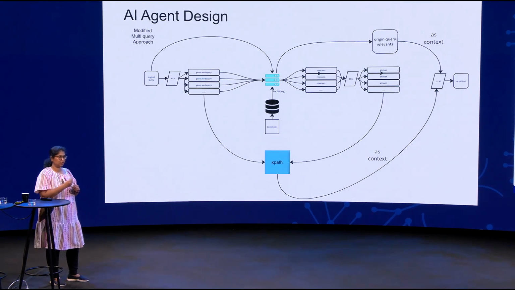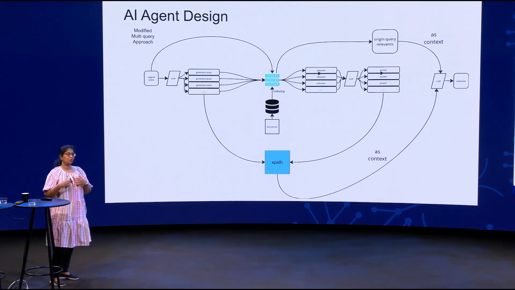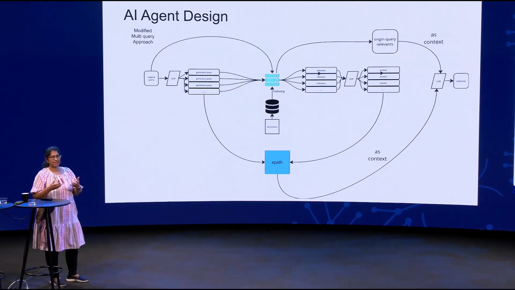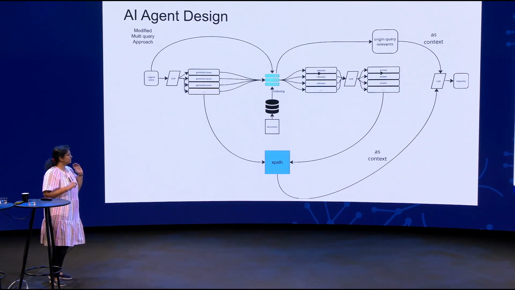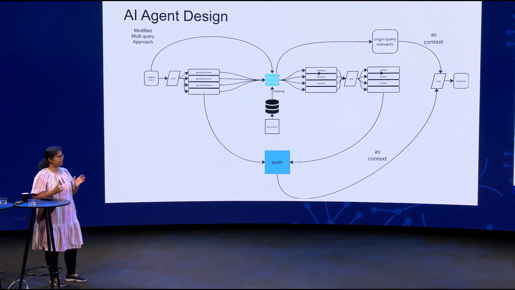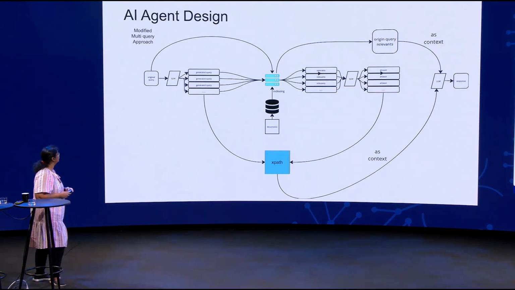Then we have this set of picked XPaths, which we use as context for the original query. Then we ask the LLM to pick the right XPath for the original query and modify it as per the user's actual query. Once we get the final XPath, we send back the response.